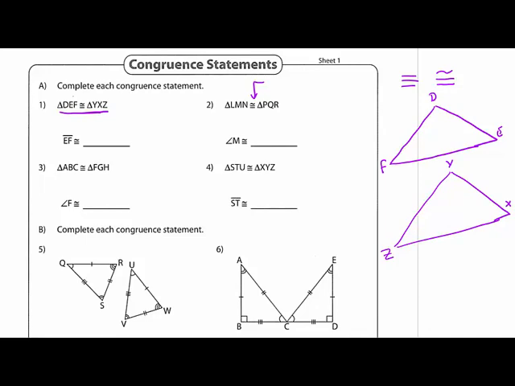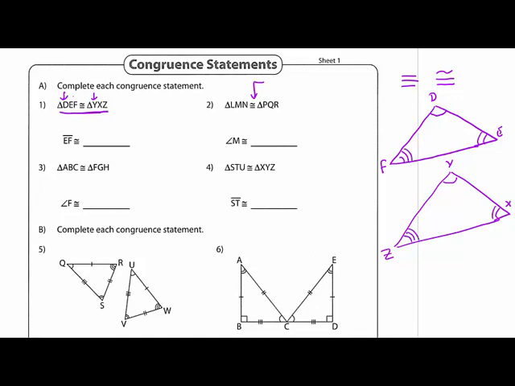The order of naming is very important. So what it's telling us is that the angle at D is the same as the angle at Y because that's the first letter in each one. And the angle at E is equal to the angle at X, again, first letter at each one, and then the angle here is the angle there.